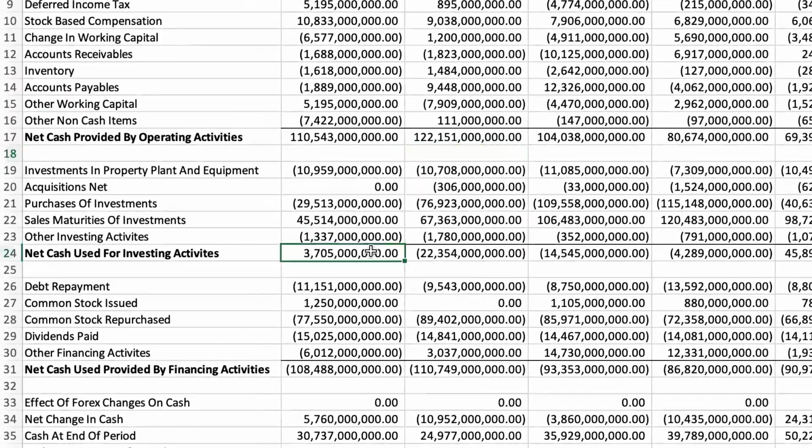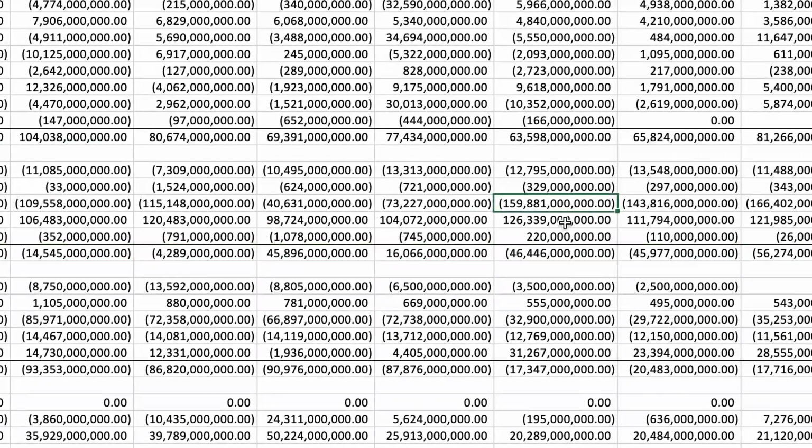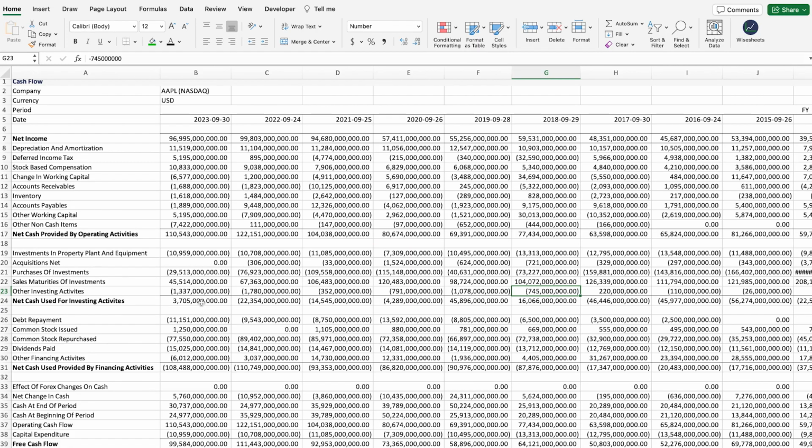So it is good to see this number be negative, like it is the case for Apple in many instances. If you see that the company has a positive number over and over and over, generally it's not the best thing, because it usually means that the company, instead of investing in new things, is kind of selling those things to be able to gather cash. So generally not the best indicator, but just something for you to keep in mind.